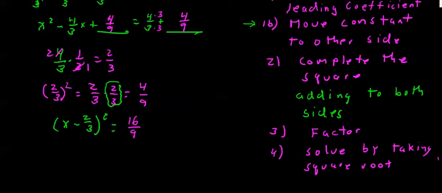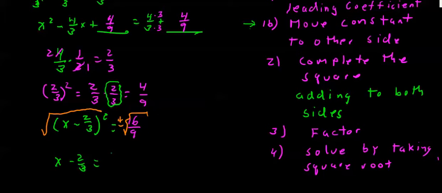Now, just like before, we're going to take the square root of both sides, and we have plus and minus. On the left-hand side, x minus 2/3.